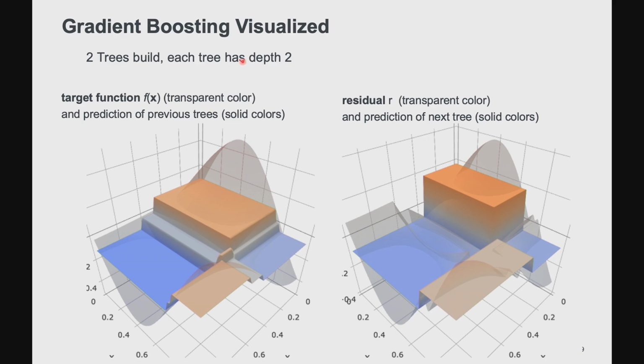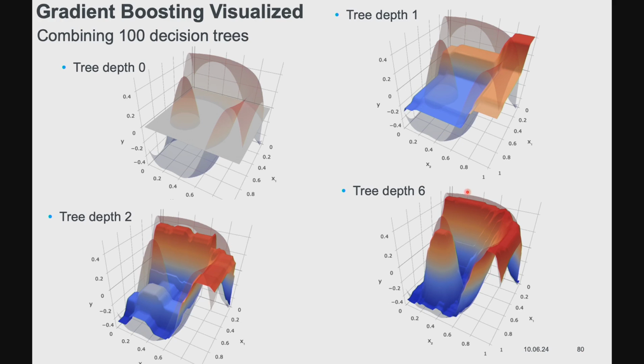And when you have a tree of depth 2, well, let's assume this is your target. Then you have some residuals, and then you predict the next tree. For example, here you have a rather large error, so you try to predict this error. Here's another example. Tree of depth 0 is just a plane, this gray plane.